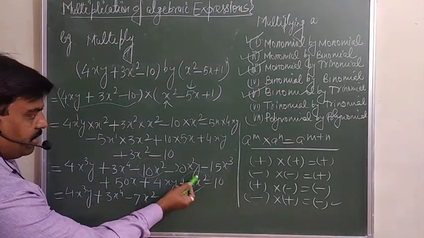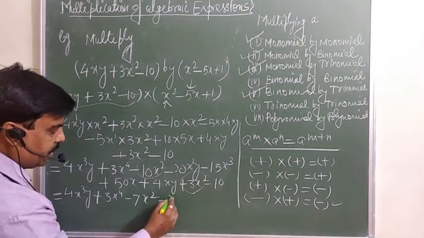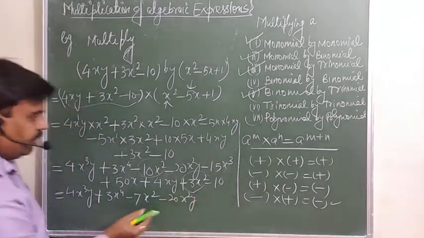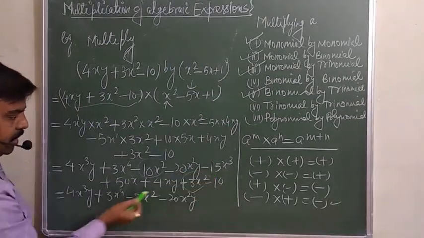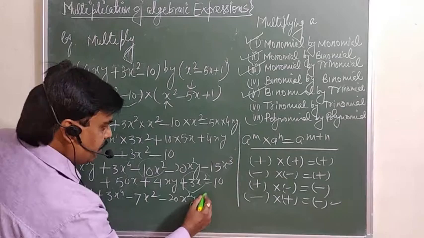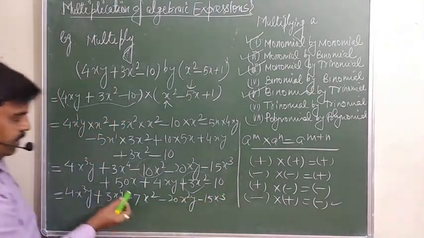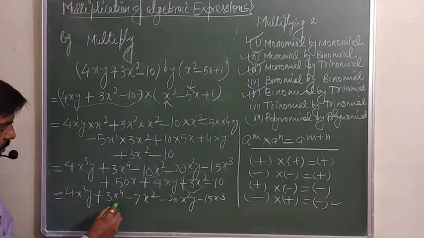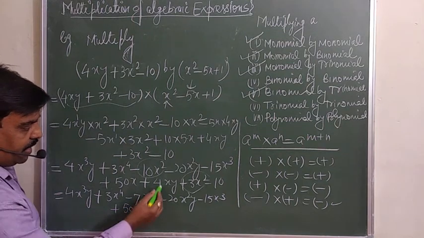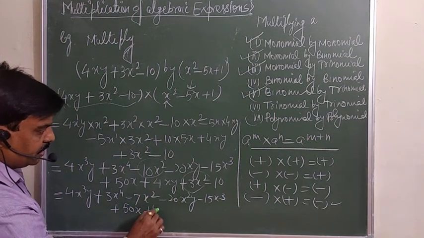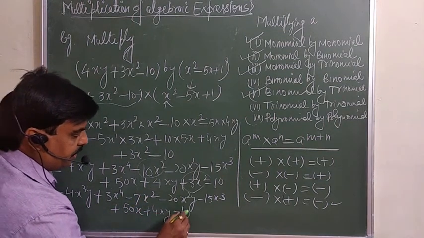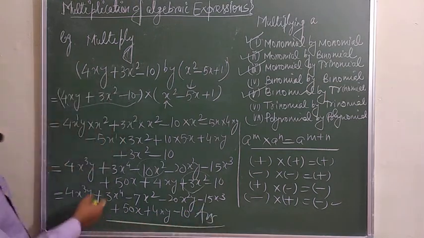This is x square y, there is no separate term, it will remain as it is, 20x square y. 15x cube will remain as it is, 15x cube, and this is 50x, alone, and this is 4xy separate and minus 10, and this is your answer. Have a look.